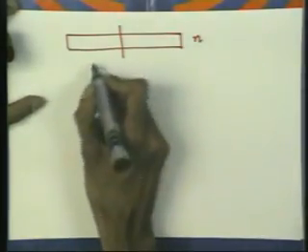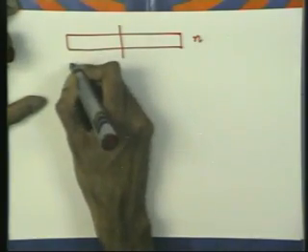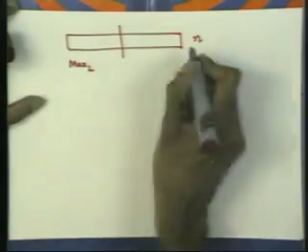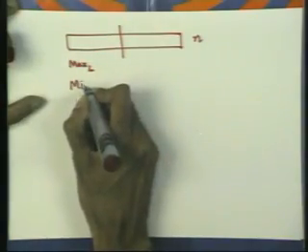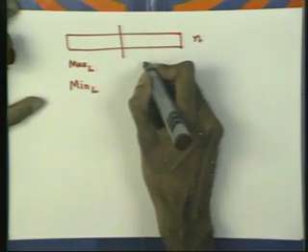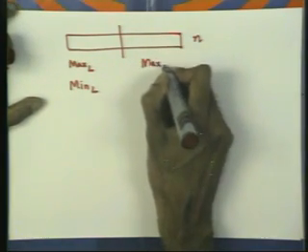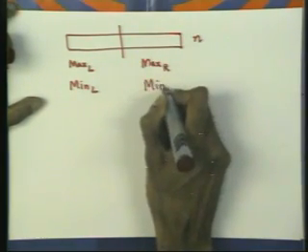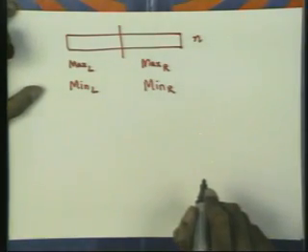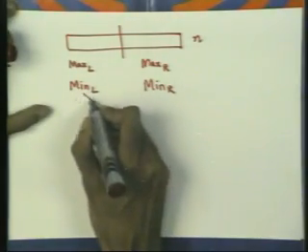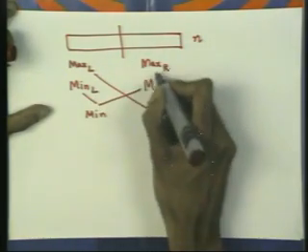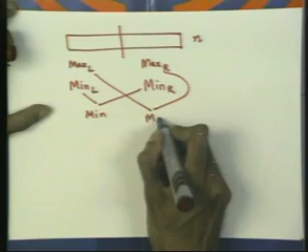Recursively find the maximum and minimum in the left part, max L and min L. Recursively find the maximum and minimum on the right hand side, that is max R and min R. Now how do I find the maximum and minimum? Well, I need to compare these two to find the minimum. I need to compare those two to find the maximum.